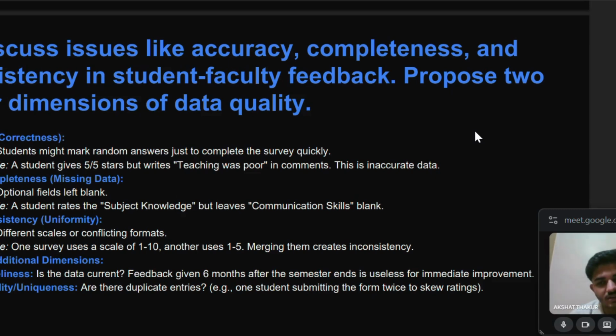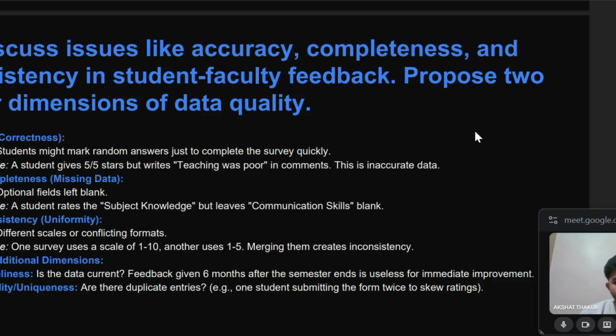A student rates subject knowledge but leaves out communication skills. He's filling one and leaving one. Consistency: different scales or conflicting formats. One survey uses a scale of 1 to 10, another 1 to 5. Merging them creates inconsistency. Now, the two additional dimensions will be timeliness.